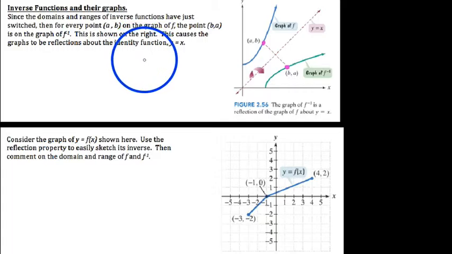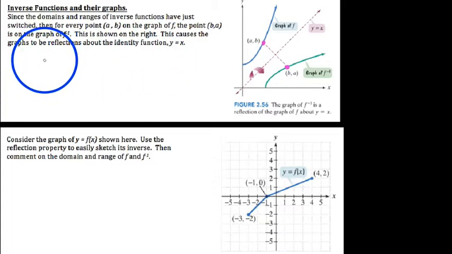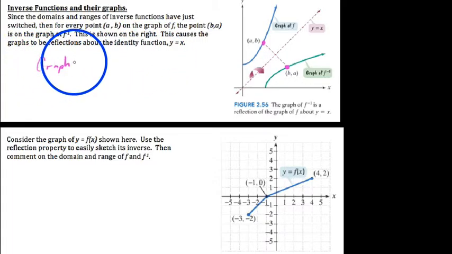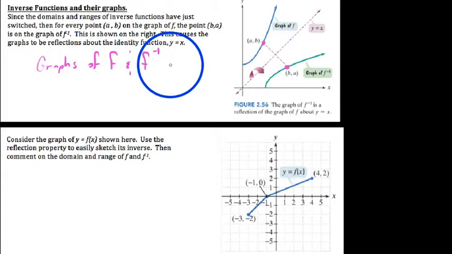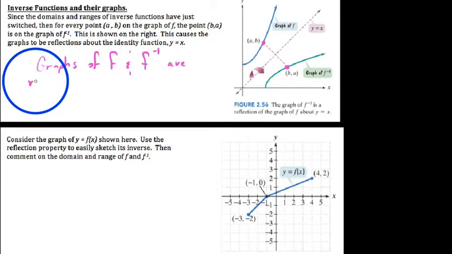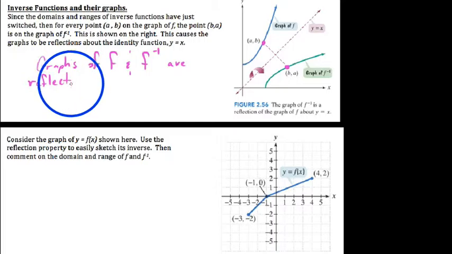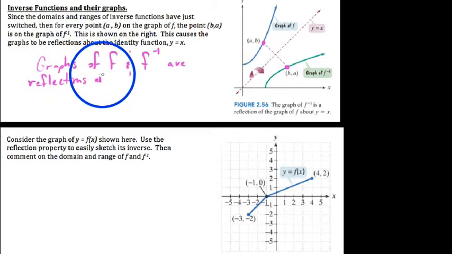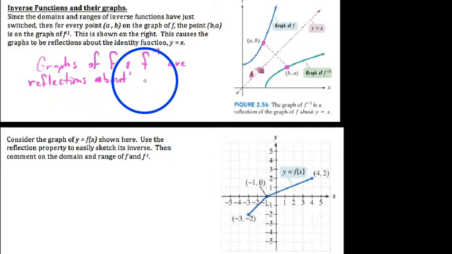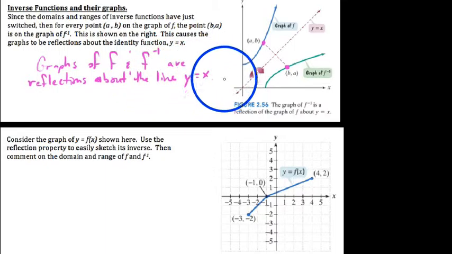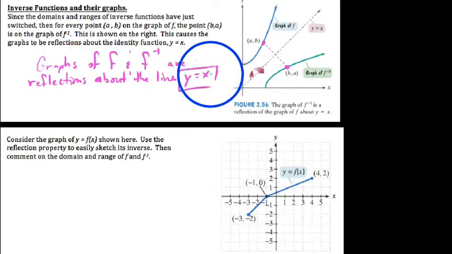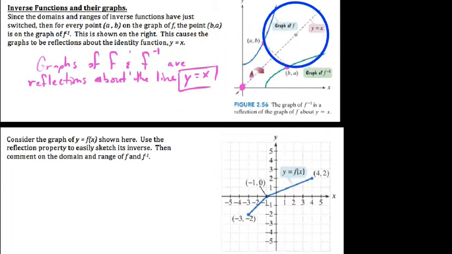So what is true about inverse functions is that the graphs of f and f inverse, if f inverse exists, are reflections about the line y equals x. And just to be clear on this, y equals x is just slope-intercept form of a line which has a y-intercept of 0 and a slope of 1.